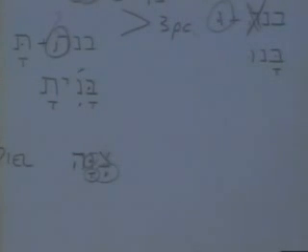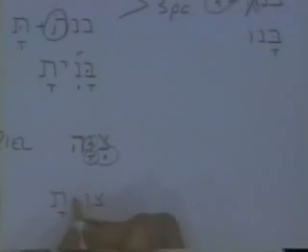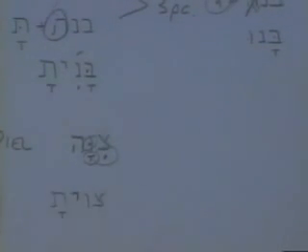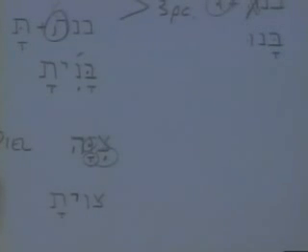Got it? Now, what happens in the form when we start adding consonantal suffixes? Well, what's the rule? When we add a consonantal suffix, what happens to the third hay? Changes to a yod, right? Now, let's make this piel. This could be kal, it could be piel.